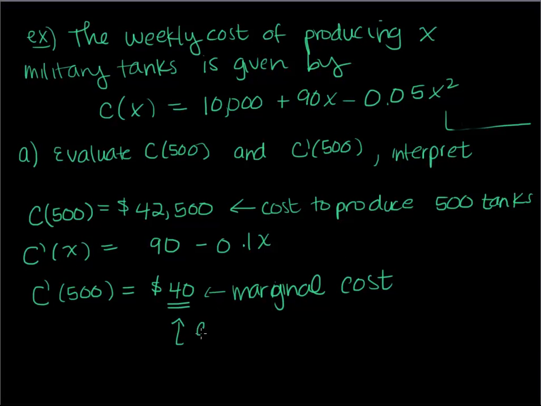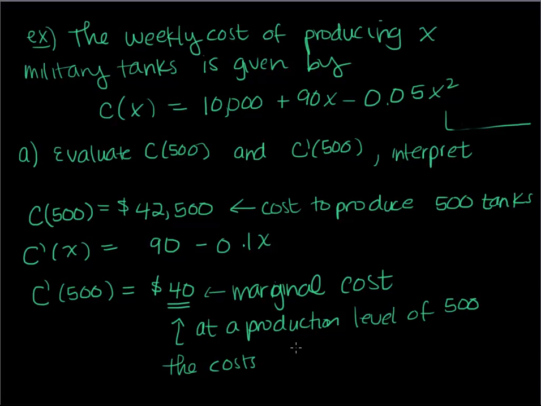So at a production level of 500 tanks per week, right? Because this is the weekly cost. 500 tanks per week. The costs are increasing at a rate of 40 per tank.